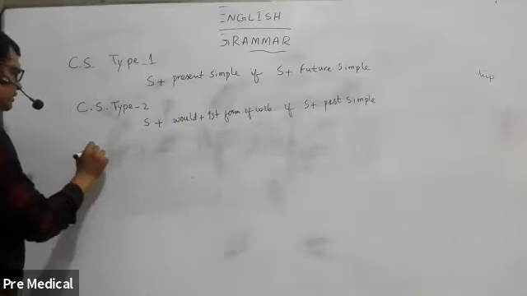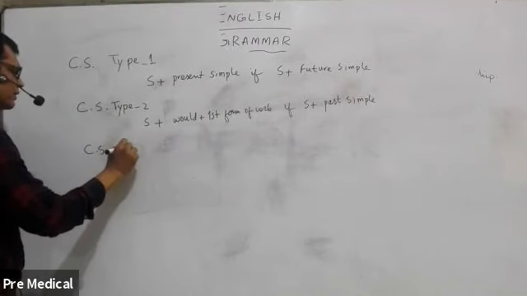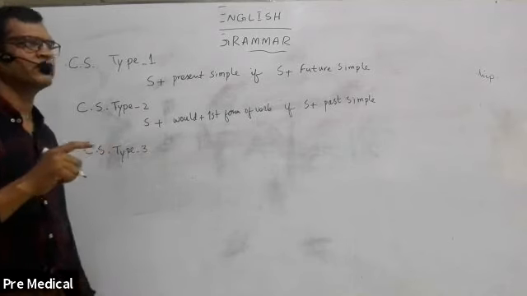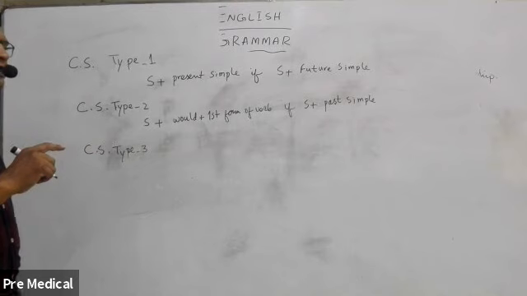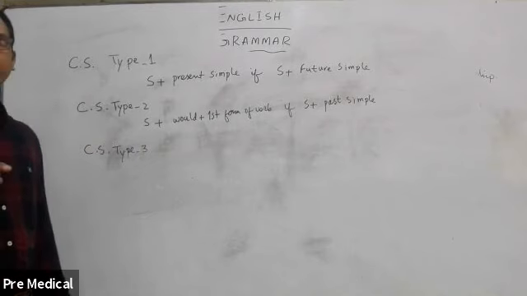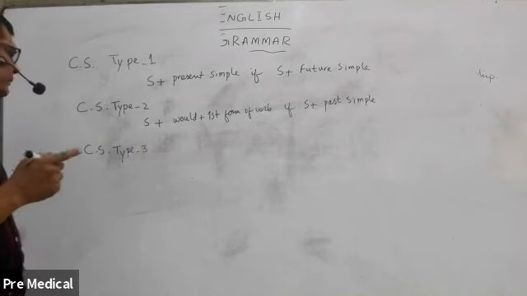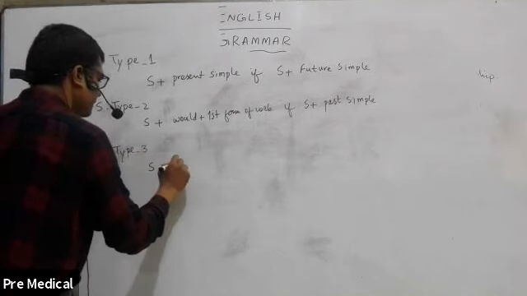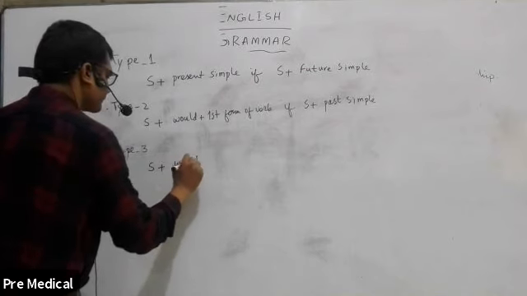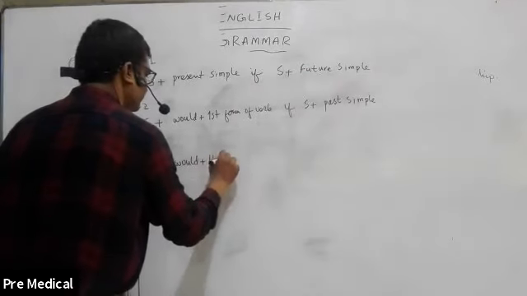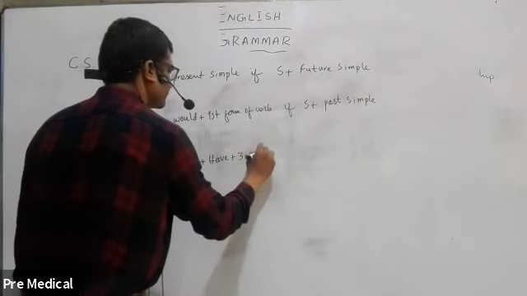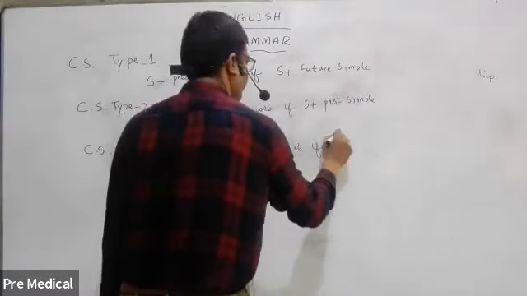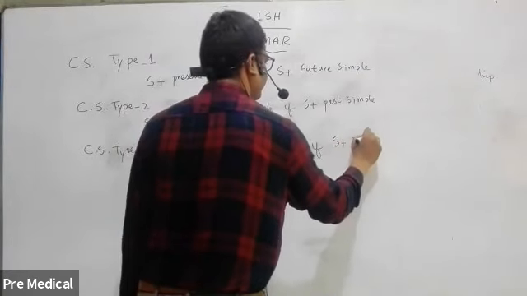Okay. In type 3, which we studied in the beginning, the very first example that I gave you, I wouldn't have come where I have if I haven't come the way I came. That was conditional type 3, where we have subject plus would plus have plus third form of verb, and we have if subject plus past perfect.